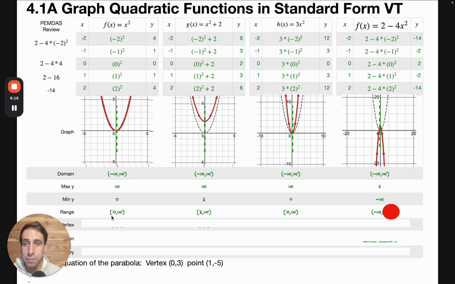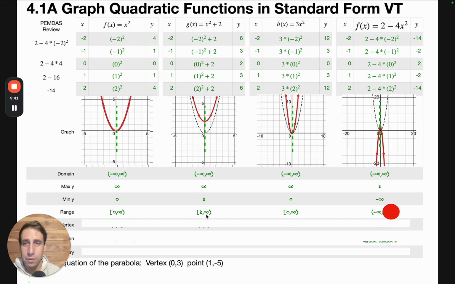When we collect all the y values, 0 is actually included as a y value. So we're going to put a square bracket here. And then infinity isn't really included because infinity isn't a number. You can't ever reach infinity. We're going from 0, including 0, all the way up to positive infinity.